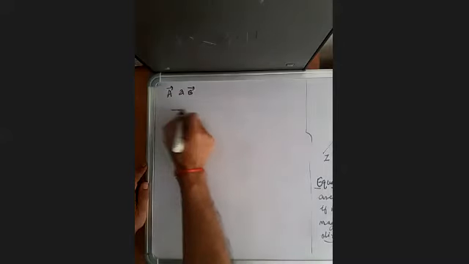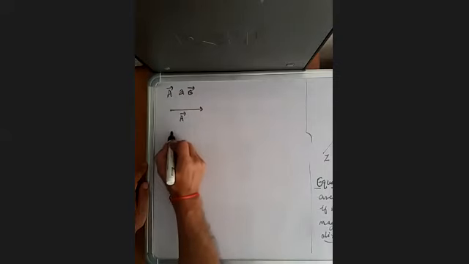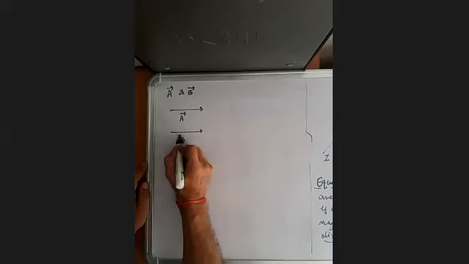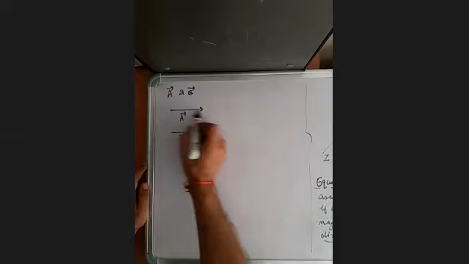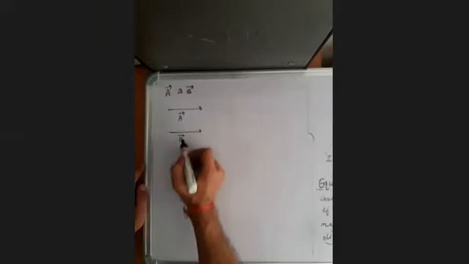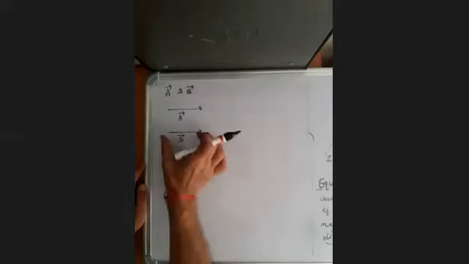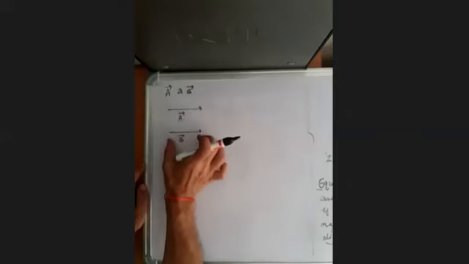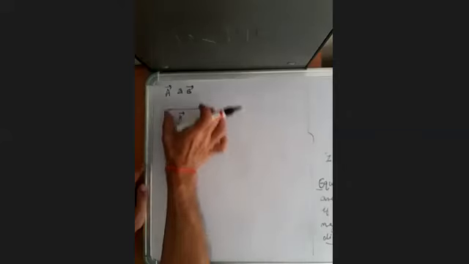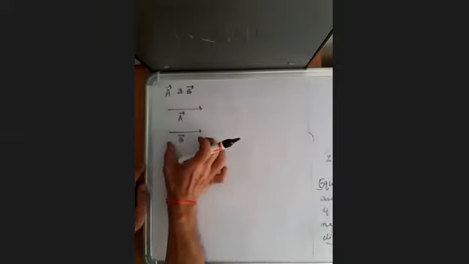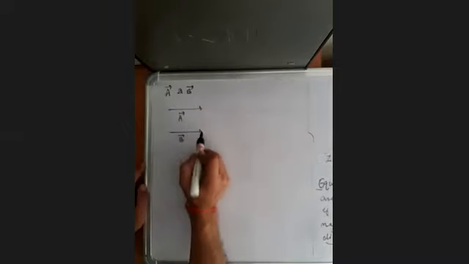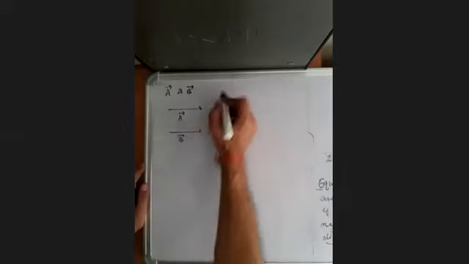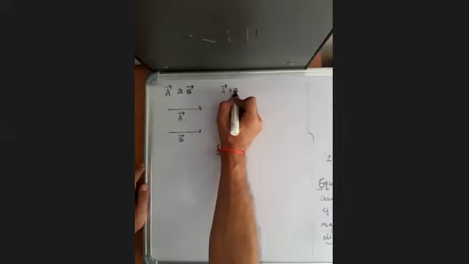So this vector in magnitude and direction is vector A, and this vector in magnitude and direction is vector B. Now, if the magnitude of both is the same, equal, and the direction also is the same, because vector A and vector B are along the parallel direction, so the directions of both these vectors are the same, a common direction, and the magnitudes of the two vectors are the same, then we say that vector A is equal to vector B.